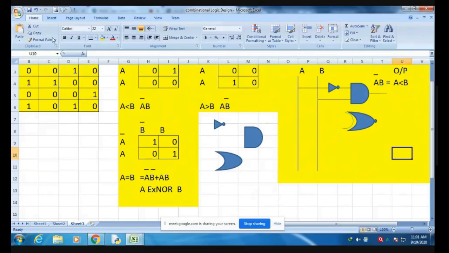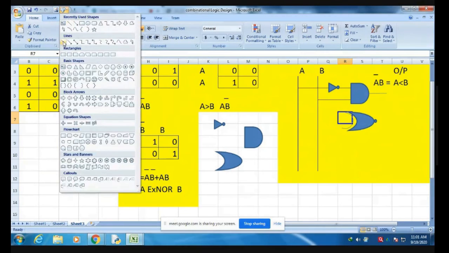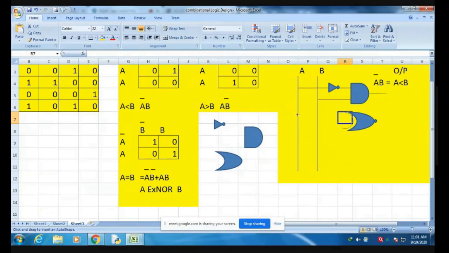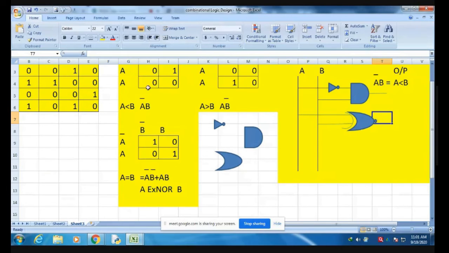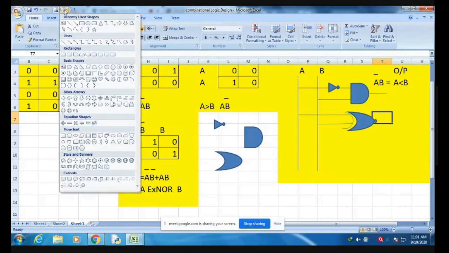So I am going to attach A here, and similarly the other input is for B. So now I get the output.